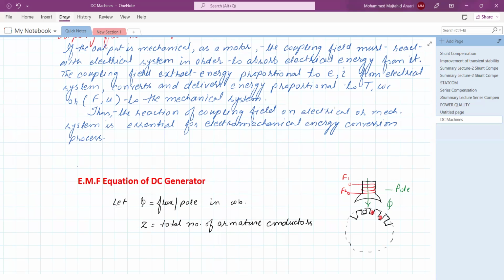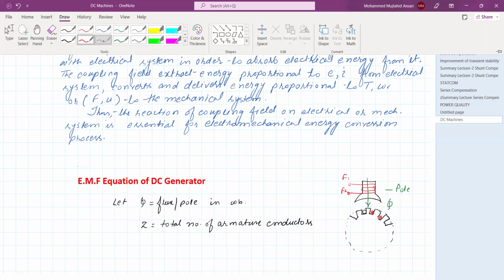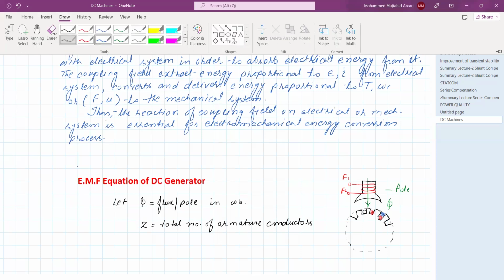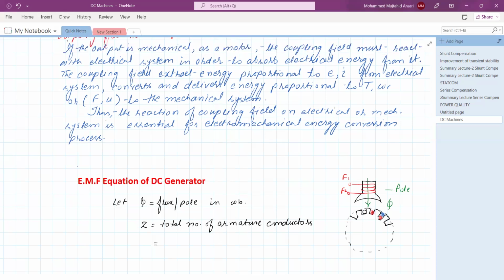But if one slot carries two conductors instead of one, then in general, the total number of conductors can be expressed as the number of slots multiplied by the number of conductors per slot.